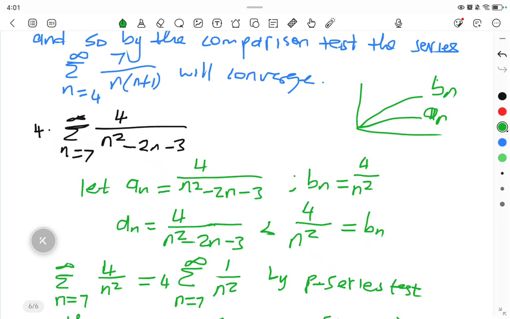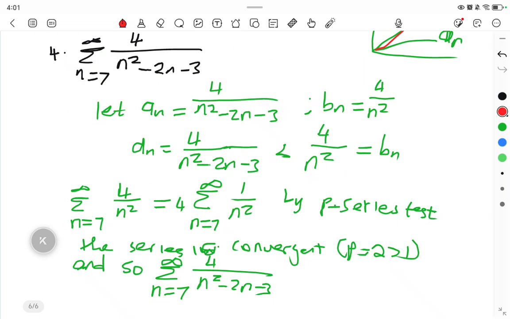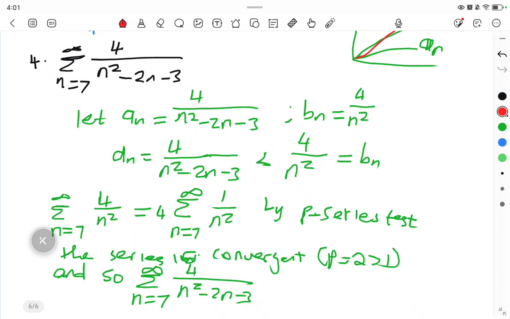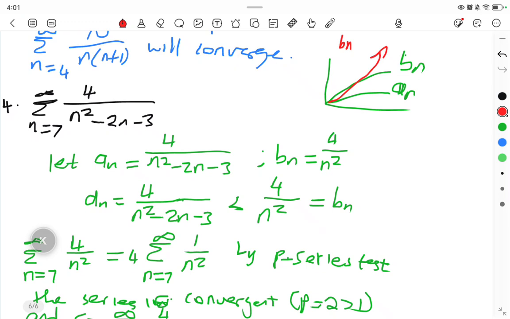So we check this one now. When bn converges, an will also converge.